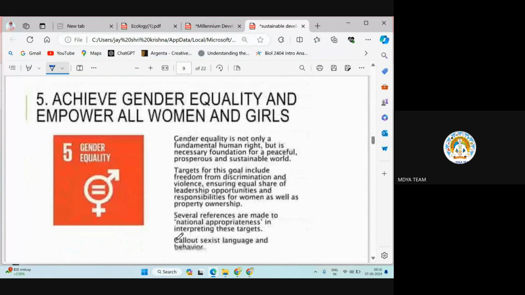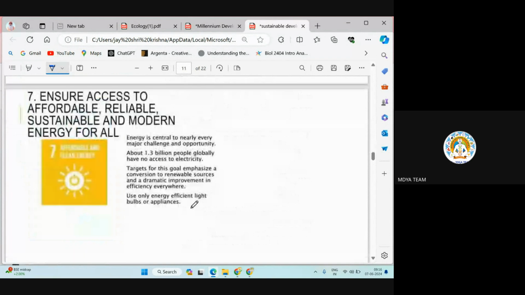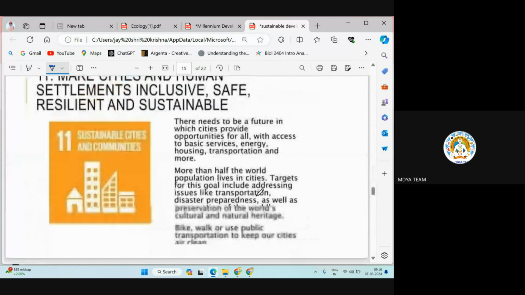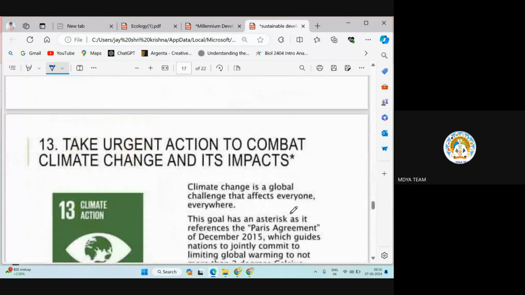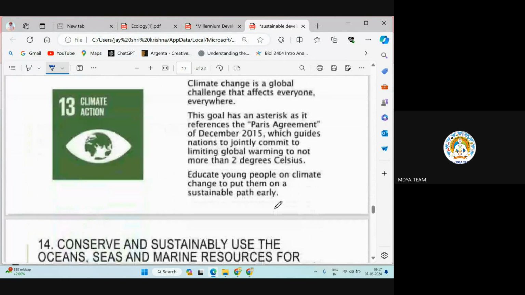So these all are goals. Just go through all the goals and revise them 5 to 6 times. Try to make a mnemonic, try to mug up like this. For example, 13 is very much important because it is related with climate change, and all the agreements happening right now on climate change are following this goal only, trying to achieve this goal to stop climate change.